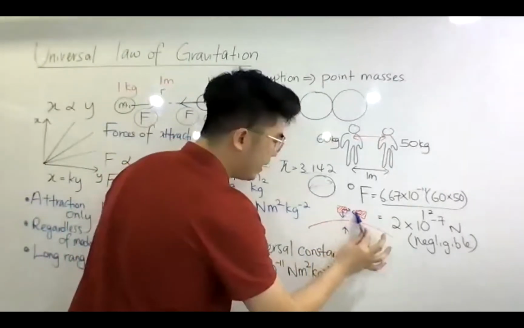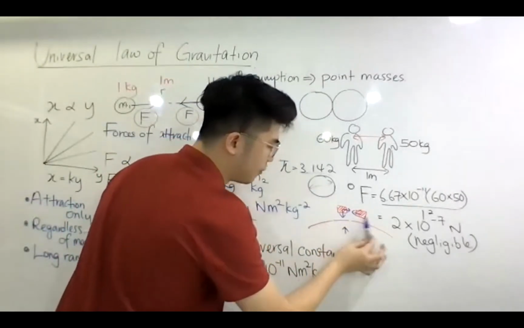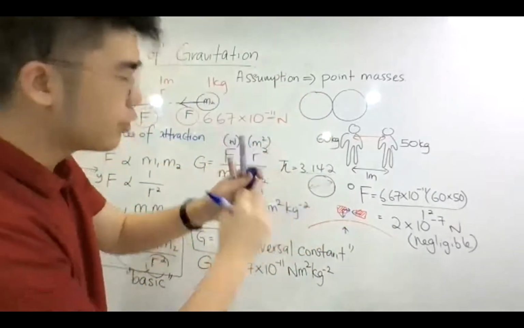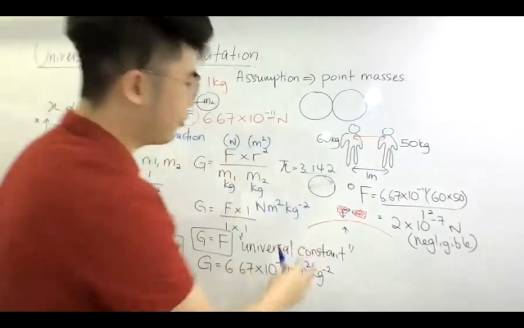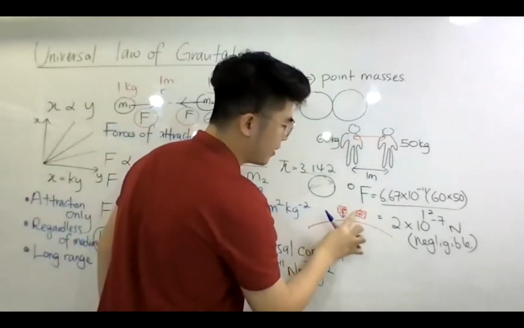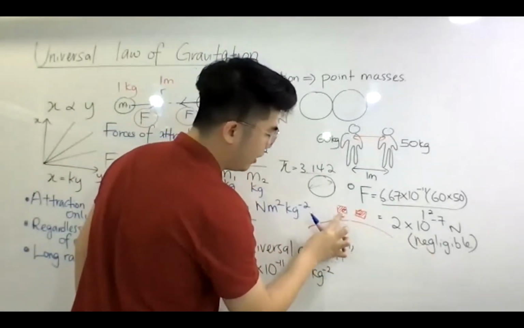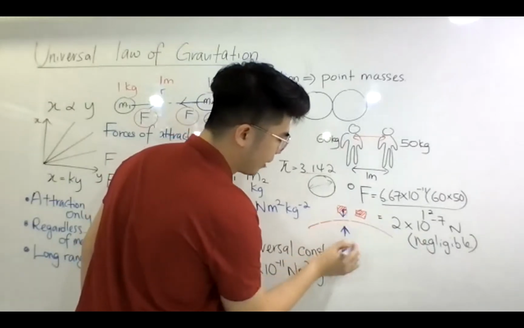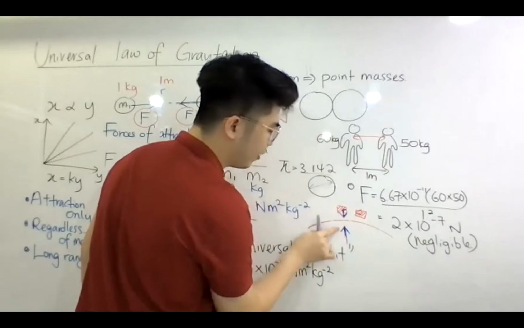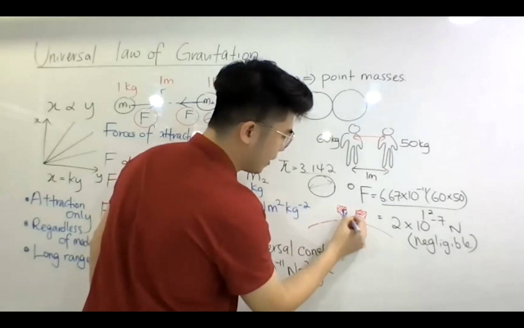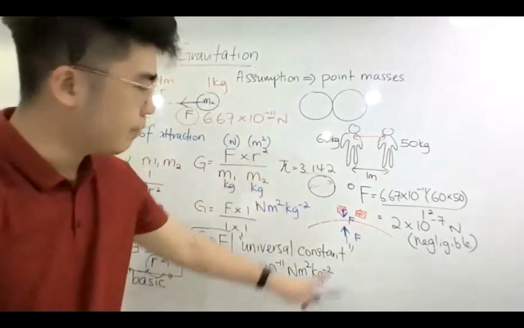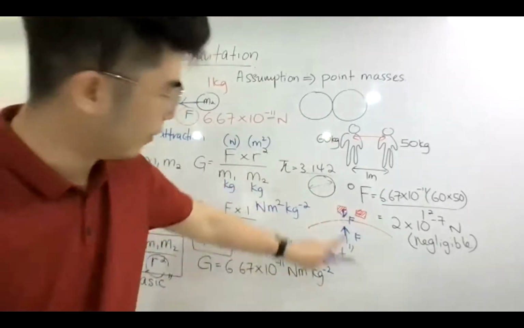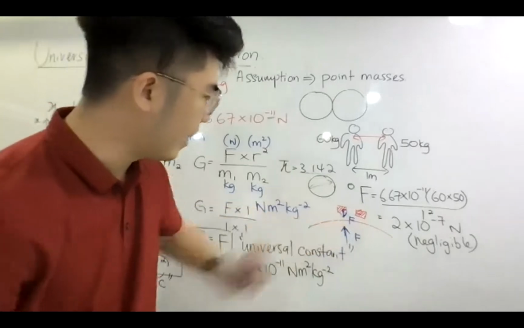So, any forces of attraction between objects on the Earth, when compared to the Earth, is like nothing. So, we just drop all the forces of attraction. We do not look at all this. It is negligible, right? So, we only look at the force of attraction between the object and the Earth. This force is not negligible because the mass of the Earth is very huge, so this becomes very significant. And this is what gives us our gravity.